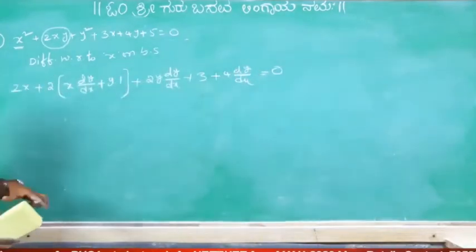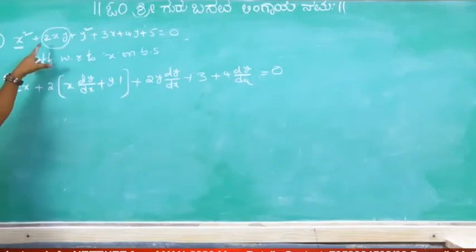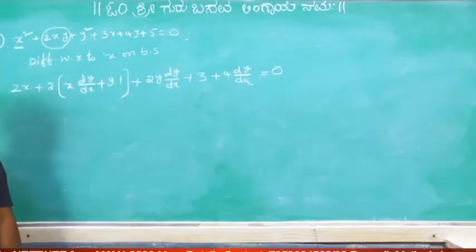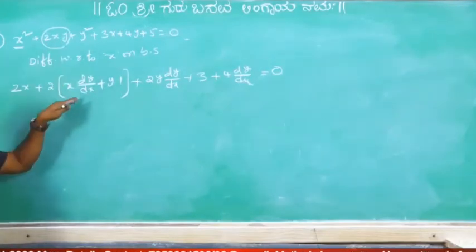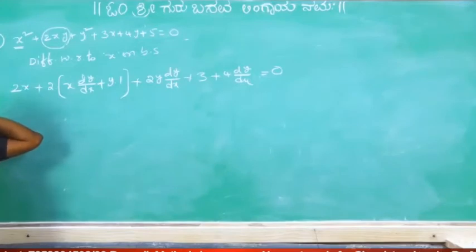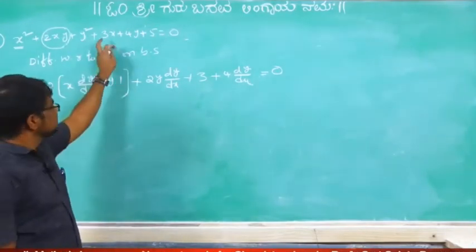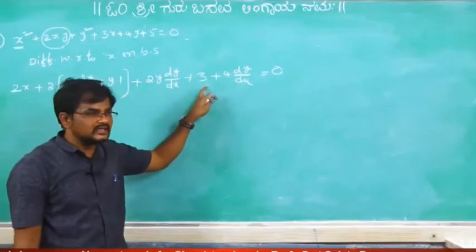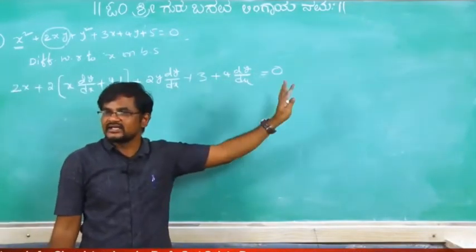Once again listen. Differentiation of x square is 2x, 2 take outside as scalar multiple, product rule we have to apply. x dy by dx, x differentiation of y, y differentiation of x. Now differentiation of y square is 2y dy by dx, differentiation of 3x is 3, plus differentiation of 4y is 4 into dy by dx, equal to 0.